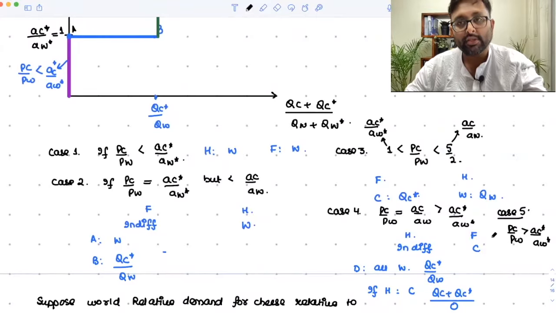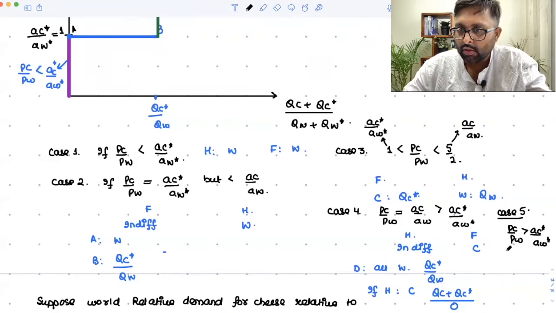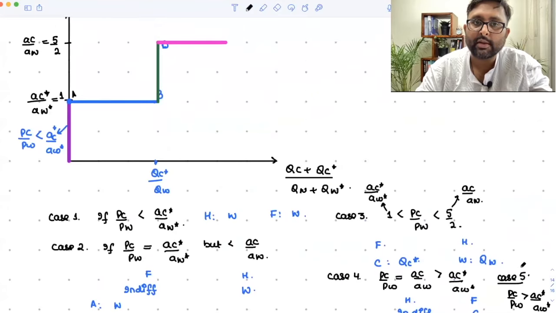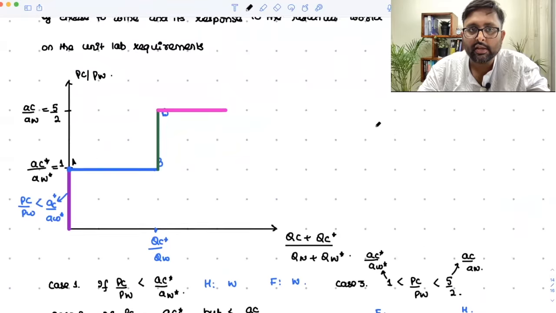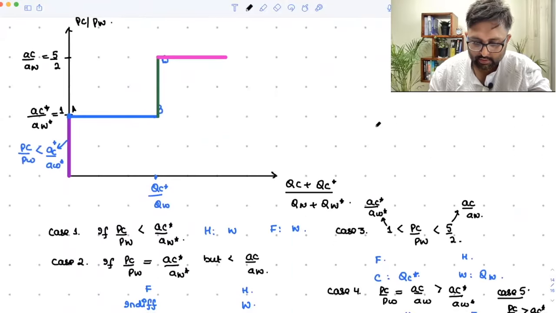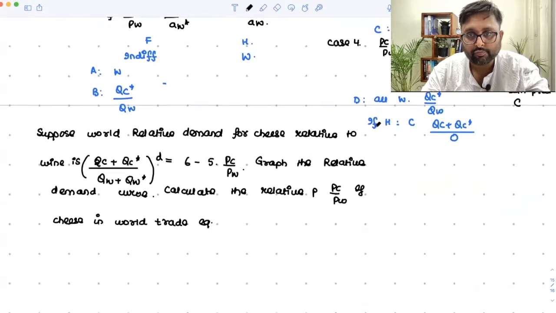Because if PC by PW is greater than AC star by AW star, it has to be greater than AC by AW also. So both produce cheese. So this becomes a relative supply curve. If you see the earlier recording, we have done this in detail also. This is the way that the relative supply curve is going to be drawn.